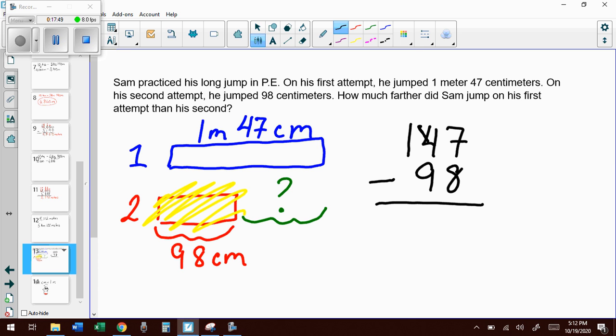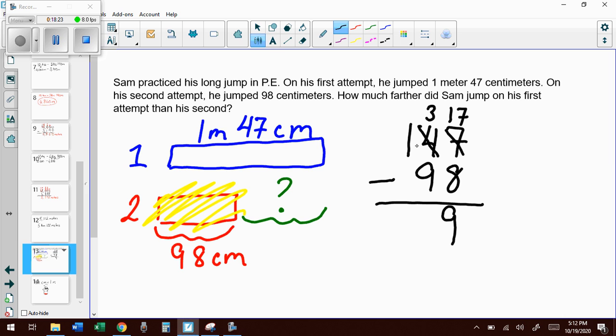I'm going to take 1 from there, so that'll give me a 3. That 10 will come over here, give me a 17 instead of just plain old 7. 17 minus 8 is, you ever get that where you had to stop and really think? 8 plus 2 is 10. 7. 9. Whew, we got that one done.